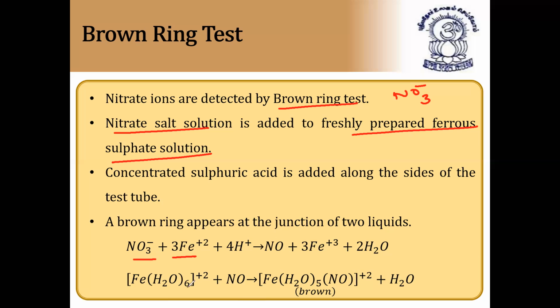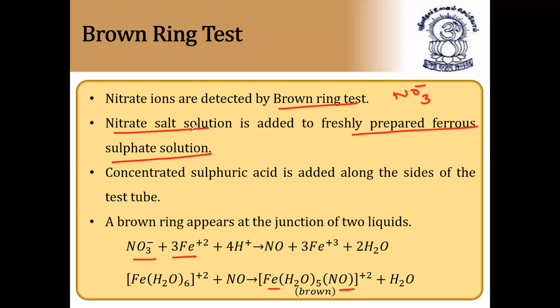So this is called the brown ring test, and the brown ring is formed due to the formation of ferrous penta-aqua nitrogen monoxide, so five water molecules along with ferrous. They'll ask this in the examination also.